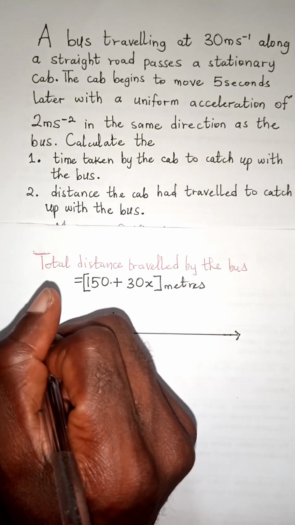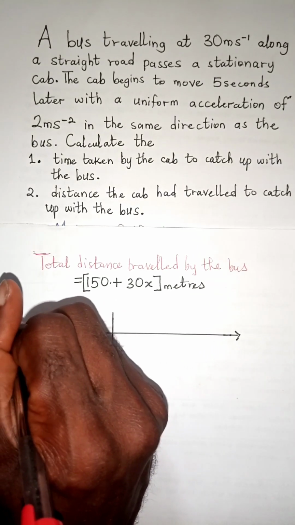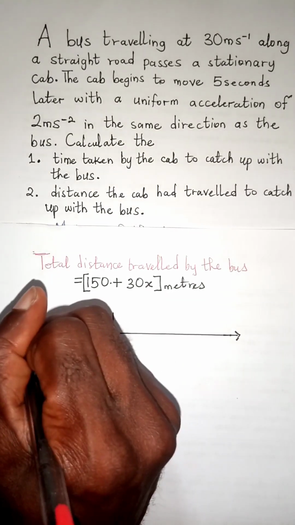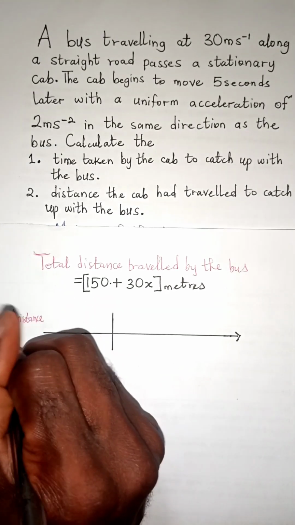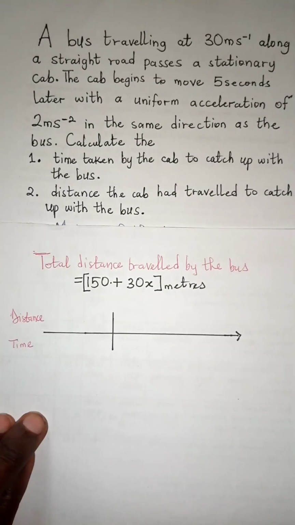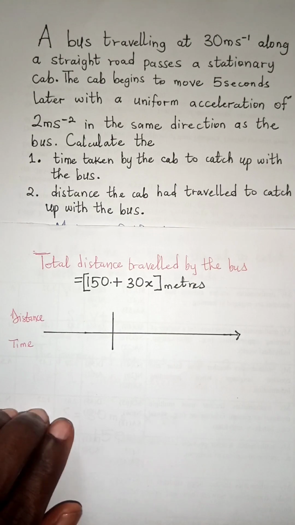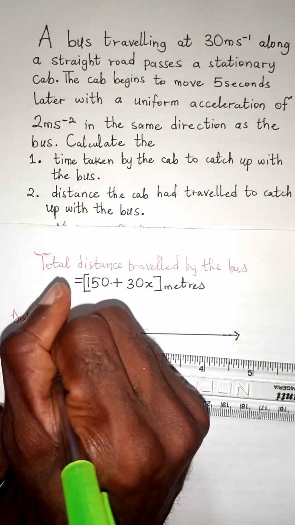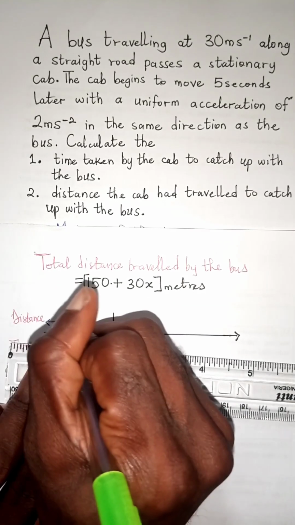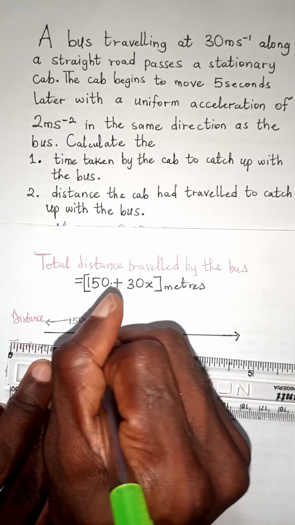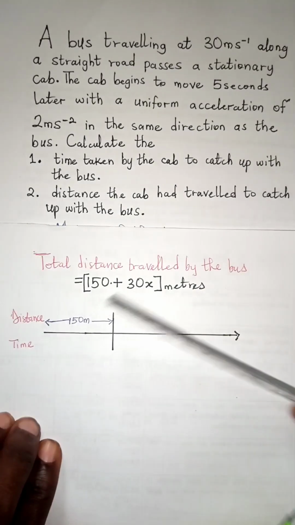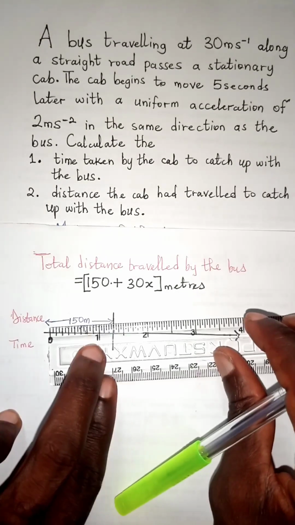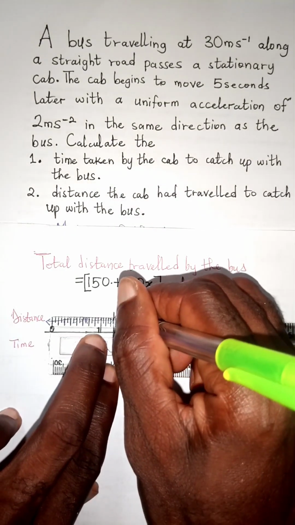So let's put some distance here at the top, while we put time here in this illustration. So the distance covered in the first stage is 150 meters. During the first stage, 150 meters. And during the second stage, that one is 30x meters.